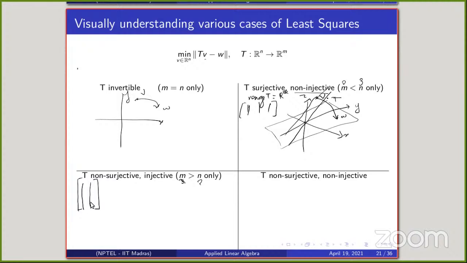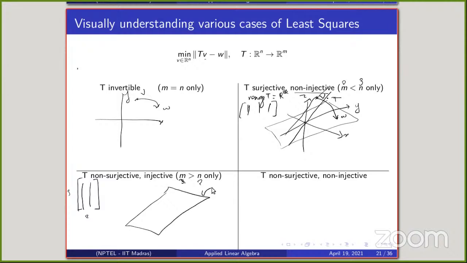So if you have two columns in this matrix, so this is a 3 cross 2 matrix, then it's going to have 2 linearly independent vectors. This is the case that I'm considering, where T is non-surjective. It's non-surjective because it's impossible for 2 linearly independent vectors to cover the codomain R3. So which means that the range of T is going to be a plane in 3-dimensional space.